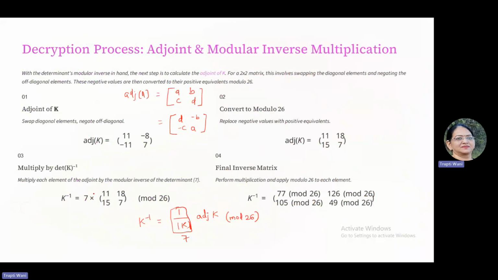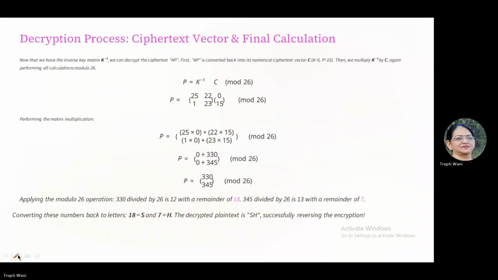Next step is K inverse. Now we have the adjoint of K. We know 1 upon determinant of K is 7. So 7 into this matrix mod 26. Now multiply 7 with this matrix, we will get this one. Now the formula we saw, P equal to K inverse into C mod 26.